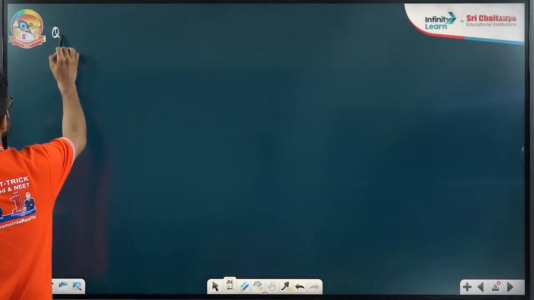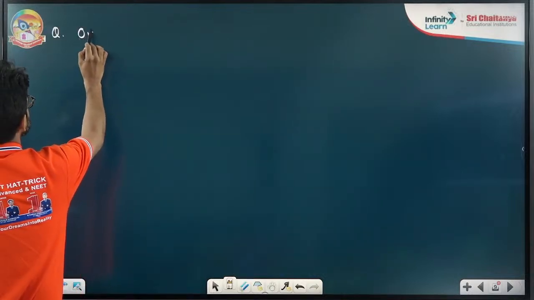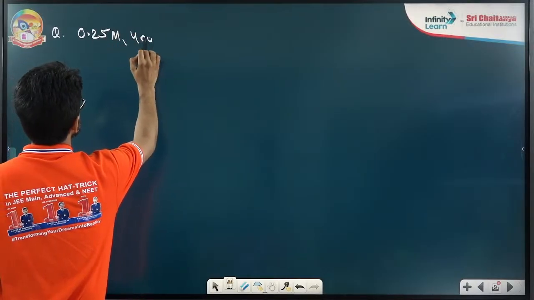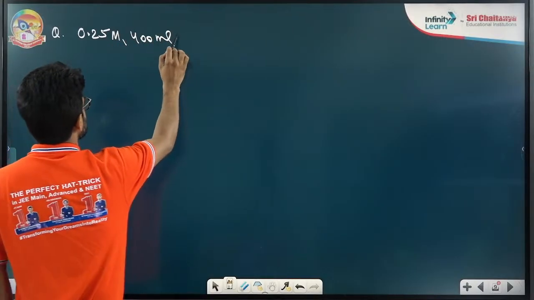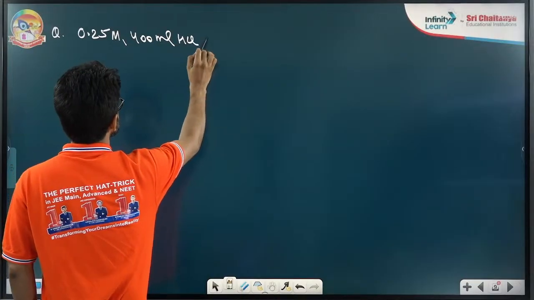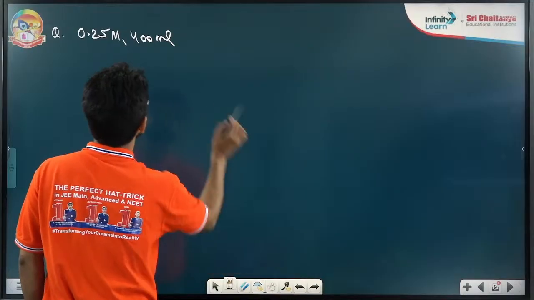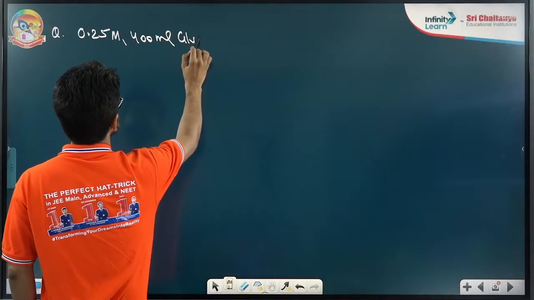Here I'm saying it is a 0.25 molar solution, 400 ml. Imagine it is HCl solution, or just say we have glucose solution.